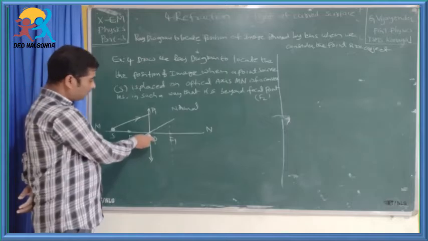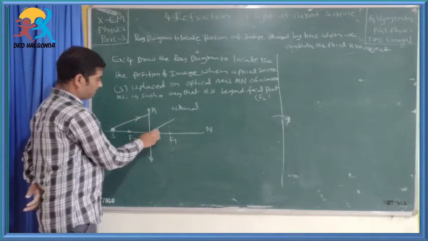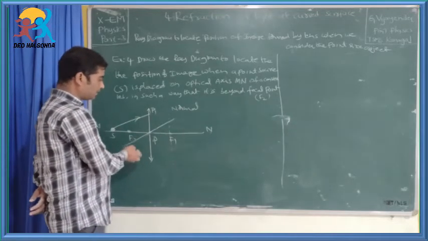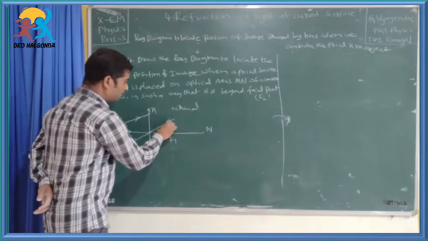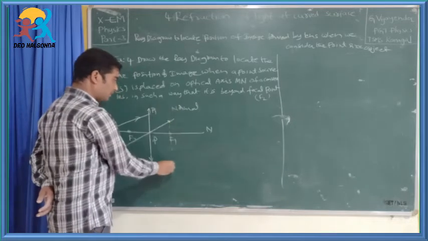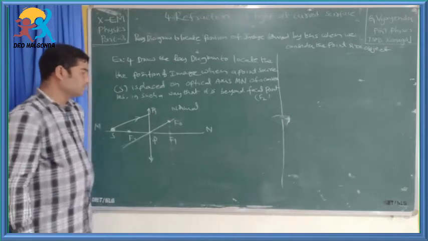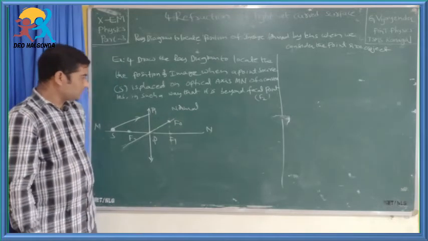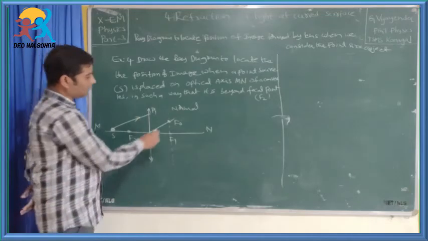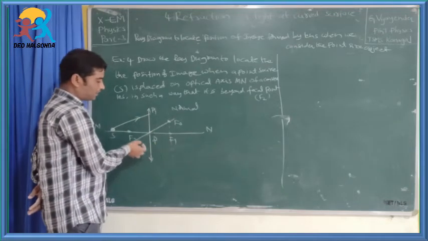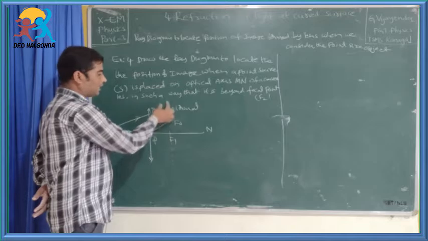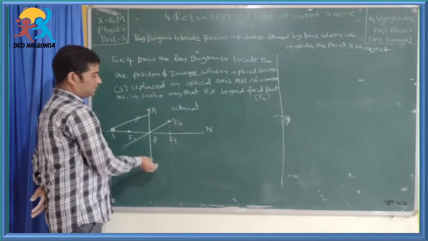Now this parallel line drawn to the incident ray is intersecting the perpendicular at the point F naught. Now draw the refracted ray through these intersection points of the parallel line and normal through the focus.